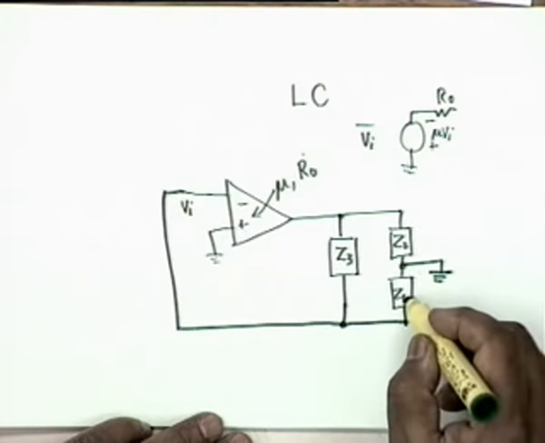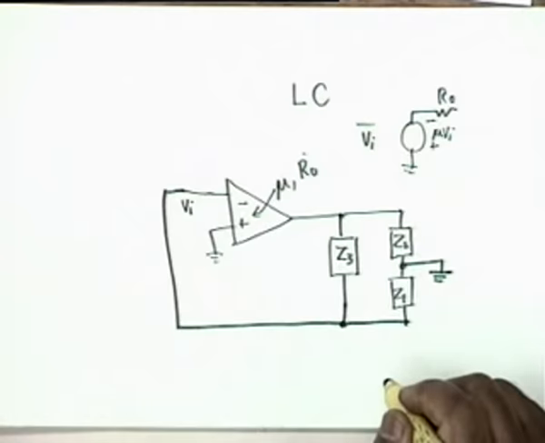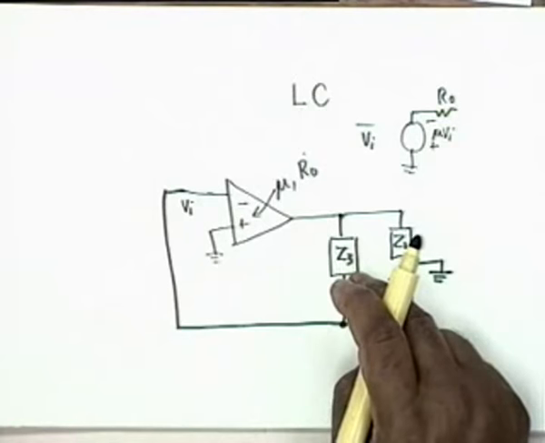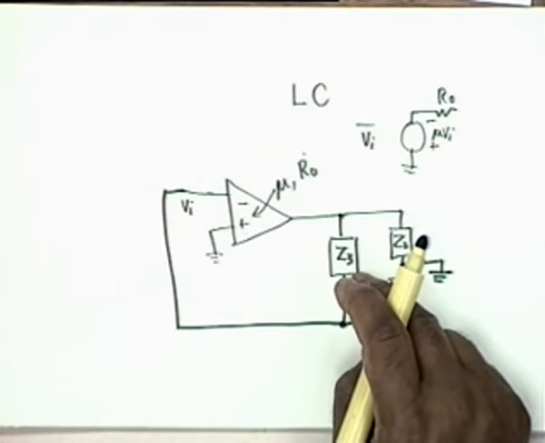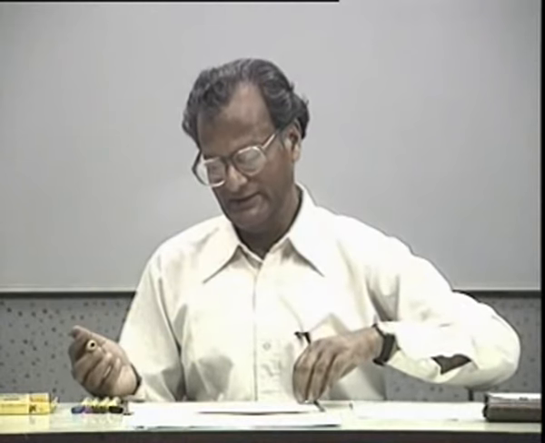That means Z1 is jX1, where X1 positive means Z1 is an inductance. Z2 is jX2. If X2 is negative, it means it's a capacitance. Similarly, Z3 is also jX3. Although you know that you cannot make an inductance or a capacitance without a resistance, we will first ignore the resistance, the non-ideality.